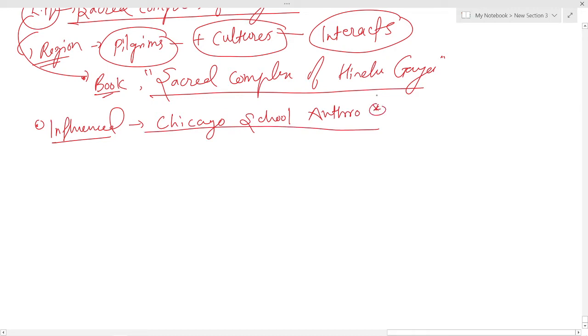And the cultural role of cities came to be studied. So this was the first time when the role of cities under the Chicago School of Anthropology came into prominence. Basically it was done on a wider scale. Now they limited it to a study of cities, and that is how LP Vidyarthi took it, and he used this concept on Gaya, that is Bodh Gaya in Bihar.